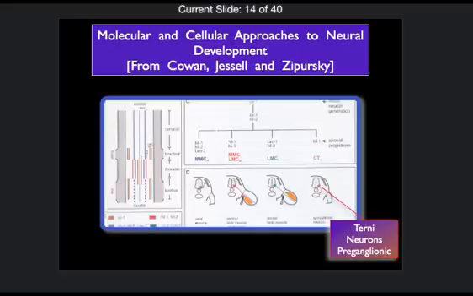And then you can see it's broken down to the lateral motor column, a medial and a lateral aspect. The medial aspect goes to the flexor muscle groups. The extensors get it from the lateral portion of the lateral motor column. And there's a special unit here that is the preganglionic fiber that comes from the preganglionic neuronal pool. All these are dedicated by the preceding ratios of transcription factors.